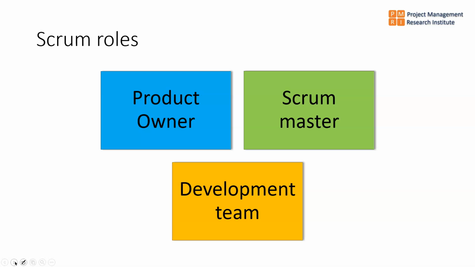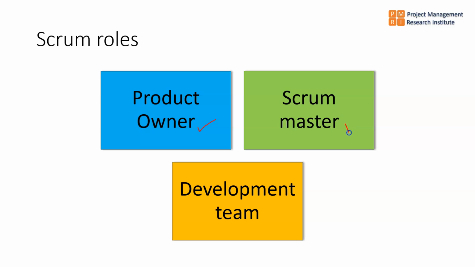The Scrum roles: it has just 3 roles. One is the product owner. The product owner is the person who manages the requirements. So there is a product backlog which contains the requirements of the product or service to be developed. The product owner manages the requirements part of it, and there is a Scrum Master.